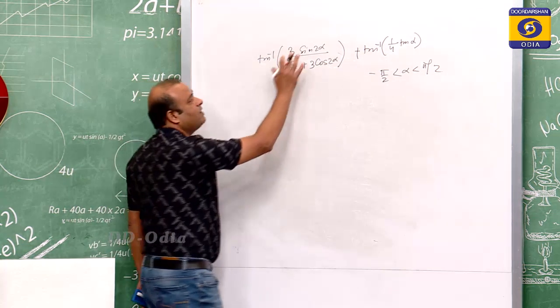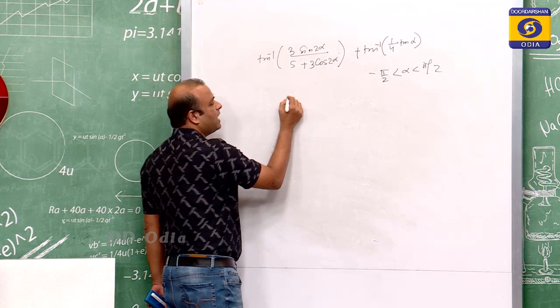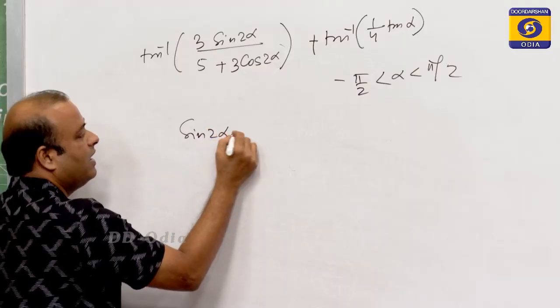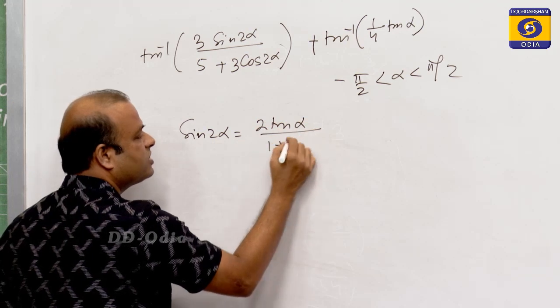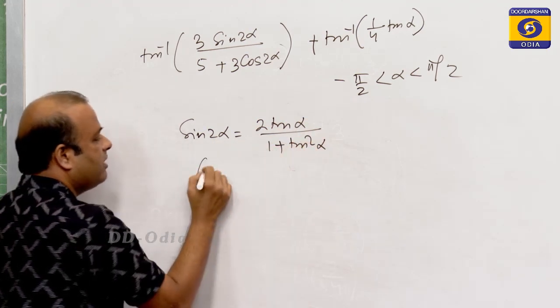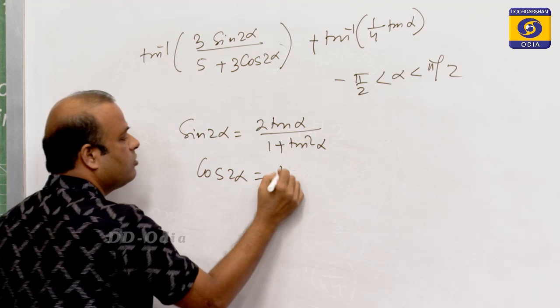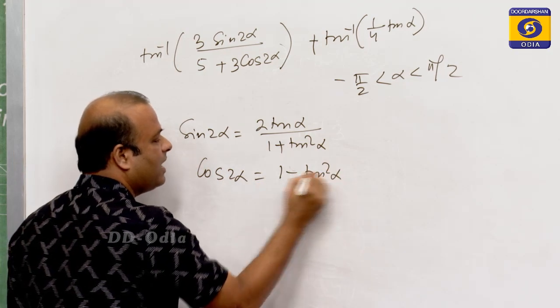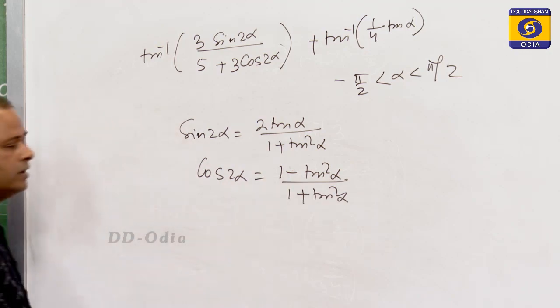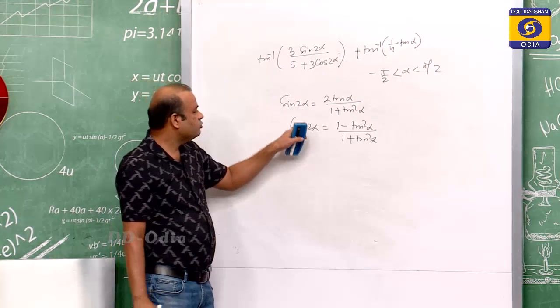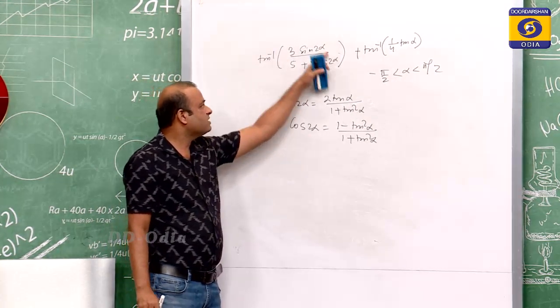Let us first simplify this using the formulas sin 2 alpha is equal to 2 tan alpha by 1 plus tan square alpha, and cos 2 alpha is equal to 1 minus tan square alpha by 1 plus tan square alpha. So using these two, first simplify this.